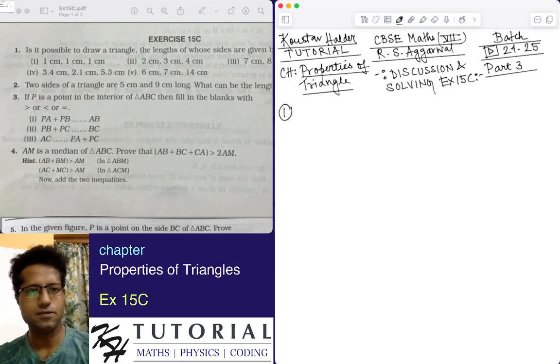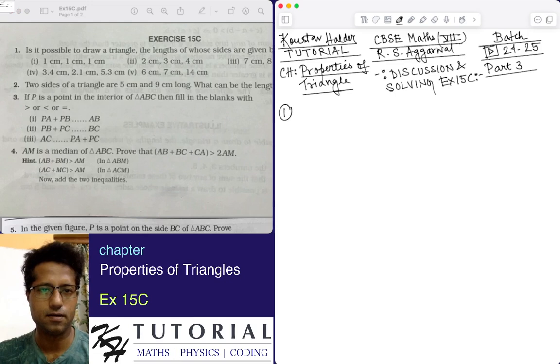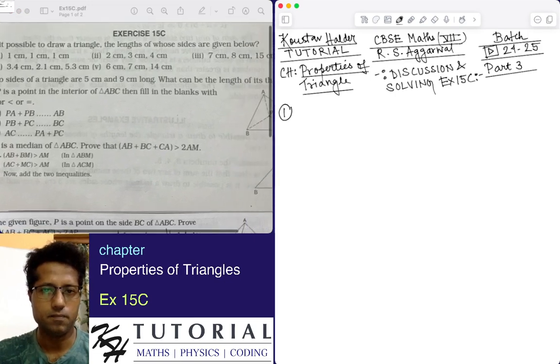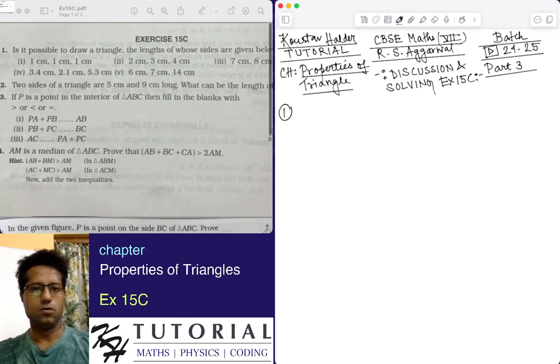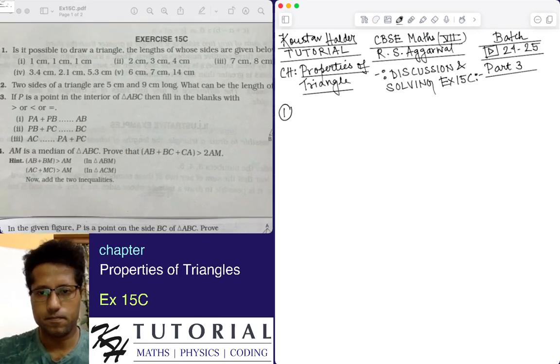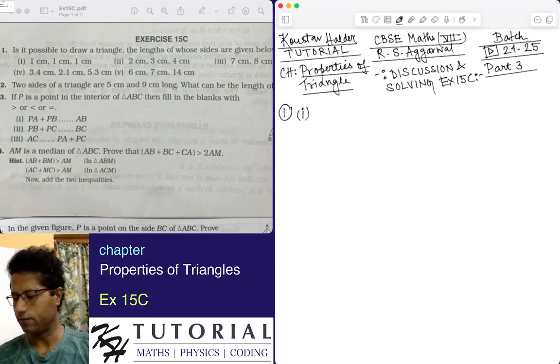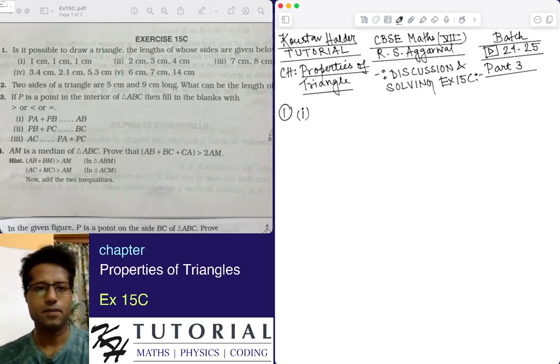Problem number 1 says, is it possible to draw a triangle the lengths of whose sides are given below? So the lengths of the sides of a triangle are given, and we have to check whether a triangle can be formed having the given lengths as its sides.